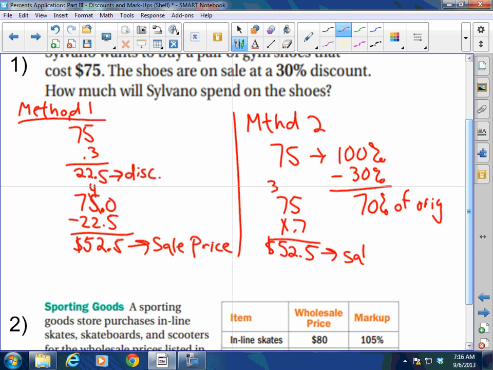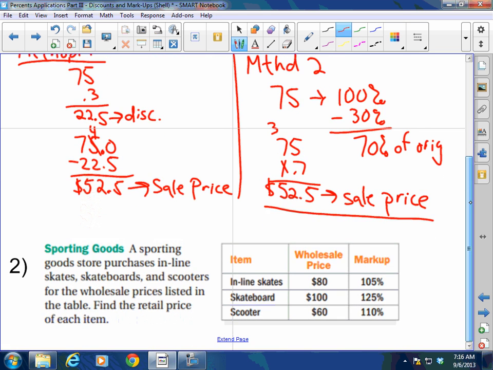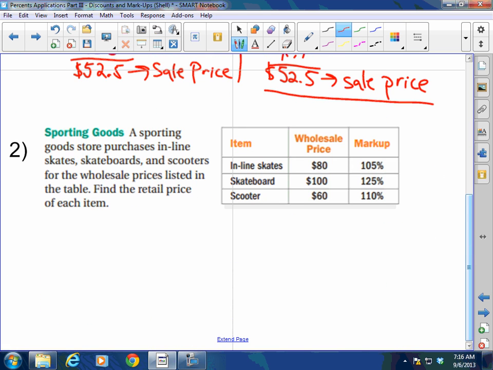That's my sale price. So either way, you're going to find the sale price. Method 1 just gives you the discount and the sale price. Method 2 just gets right to the sale price. And then again, you could find the discount by taking the original minus the sale price. Okay, check this one out.